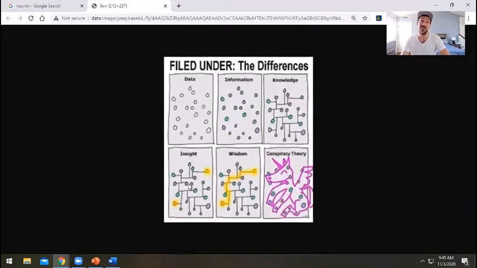And then with that insight, through experience and practice, as an expert in your field, that's where you have wisdom, and you can draw connections between your insights. Isn't that funny? And then you have conspiracy theories, which is just people drawing random conclusions that have nothing to do with reality from data.